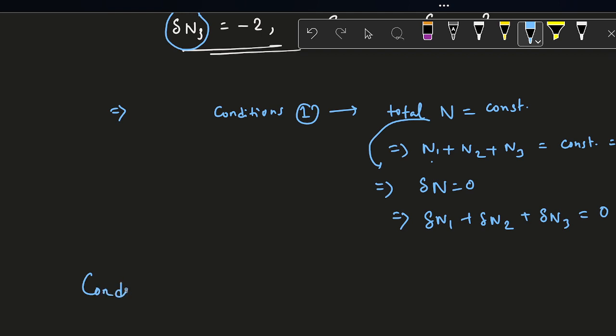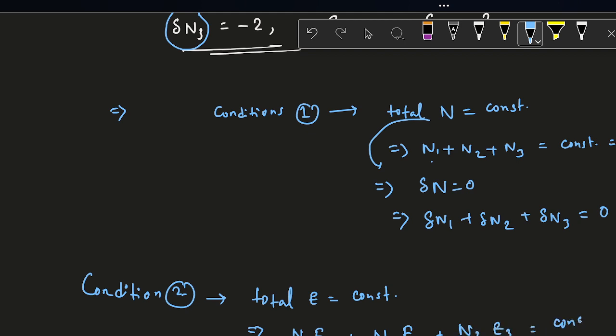Then there was a second condition. This is condition number 2. And what was that? It is that the total energy of the system is constant. That means if you have n1 particles in level or cell 1, then it is n1 times e1 for that level. Similarly, for the second cell you have n2 times e2, and for the third cell n3 times e3, equal to constant.